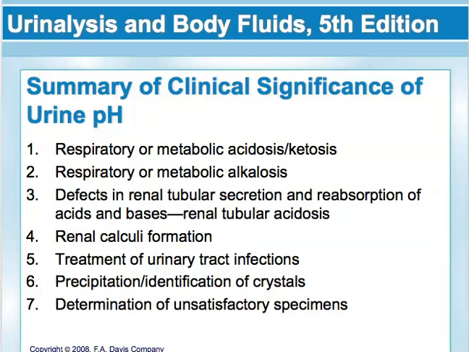Treatment for UTIs. Maintaining an acidic urine can help to control UTIs caused by urea splitting organisms because they do not multiply as readily in an acidic medium. These organisms are also responsible for the highly alkaline pH found in specimens that have been allowed to sit unpreserved for extended periods. And then determination of unsatisfactory specimens.